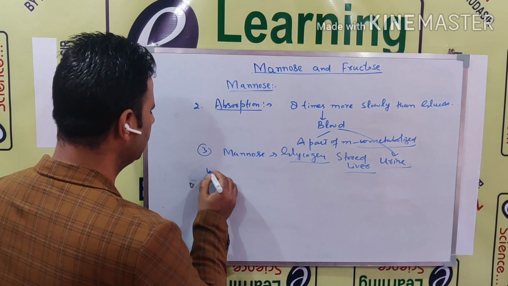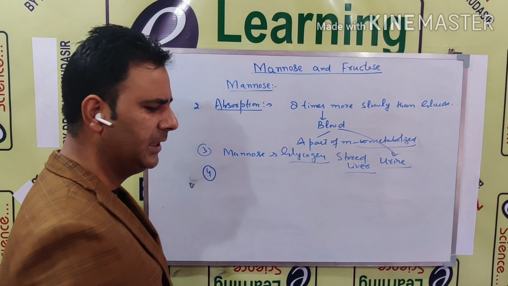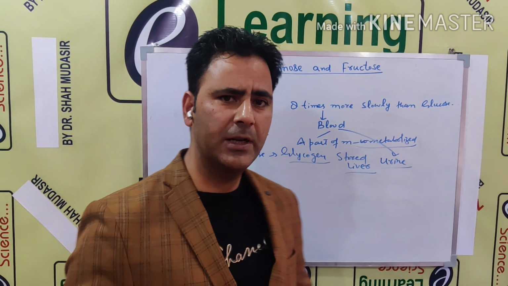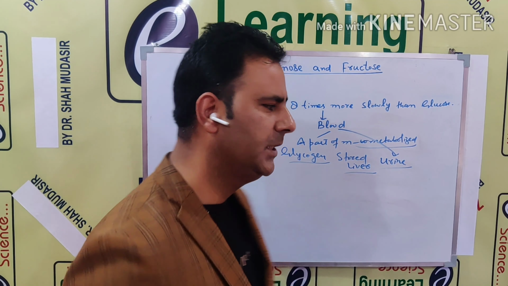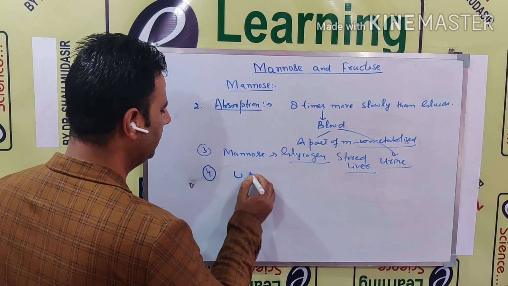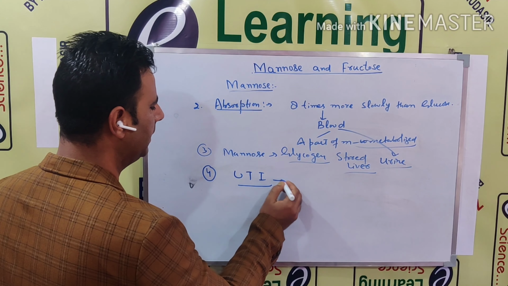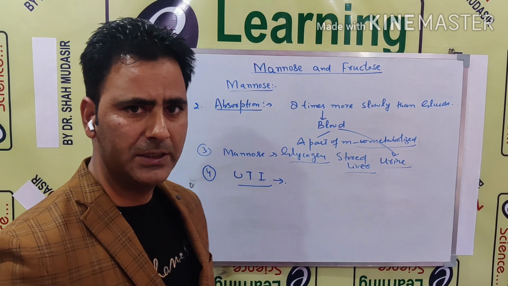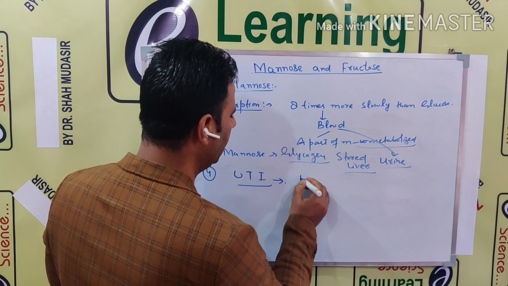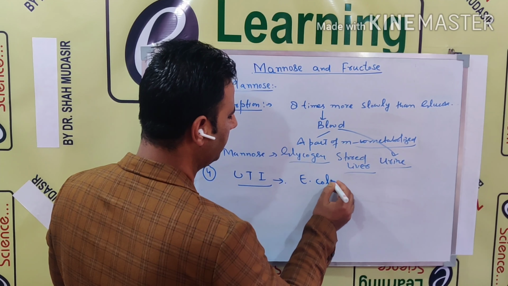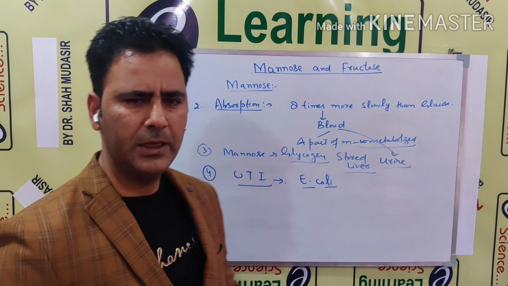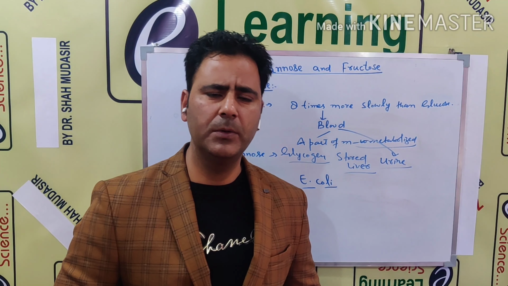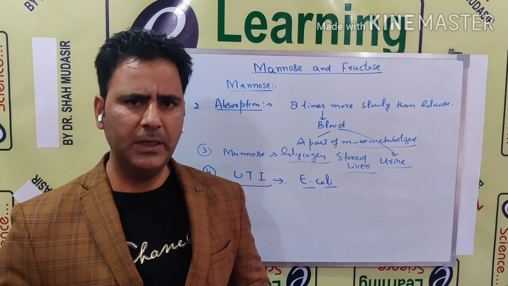Then the fourth function is, it is a very applicable remedy for treating urinary tract infections, particularly if the infection is of E. coli. We have seen cystitis very common in females and also in males.